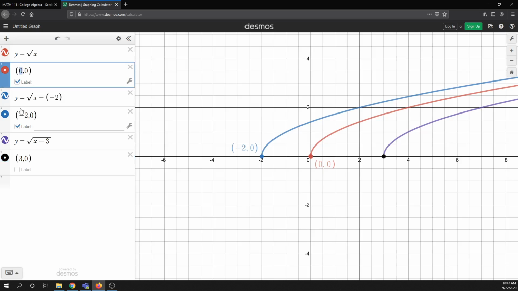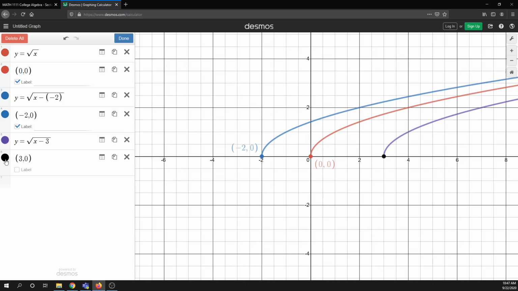So 3 plus 0 will give me 3. I'll try not to delete these points again so I don't have to keep redoing this. So if I add the k, in this case 3, to the x coordinate, it shifts this point over here. So it shifts it to the right or to the left.